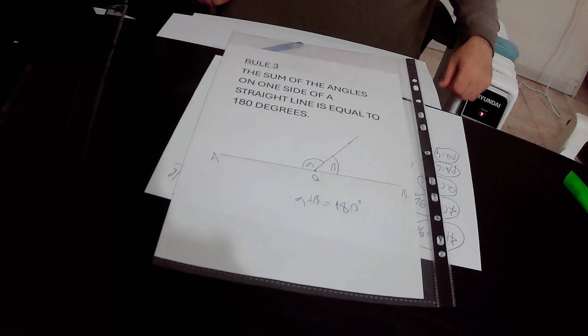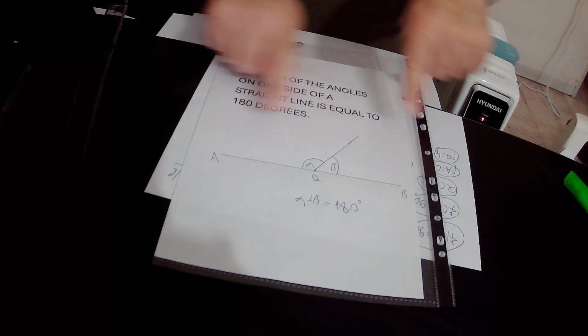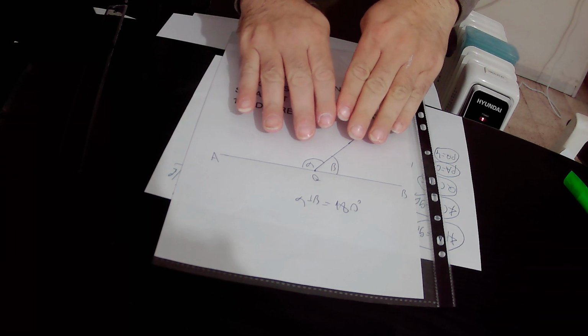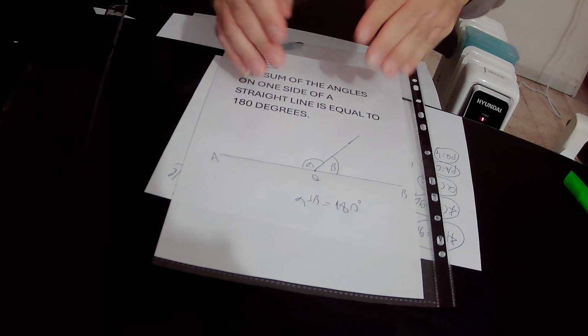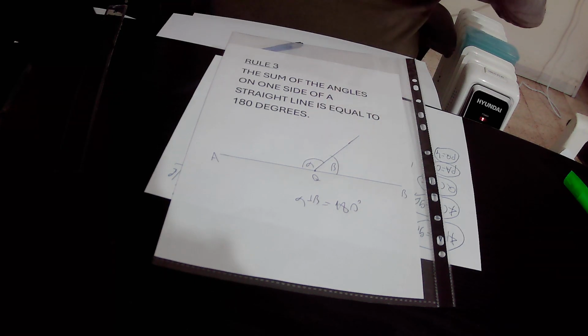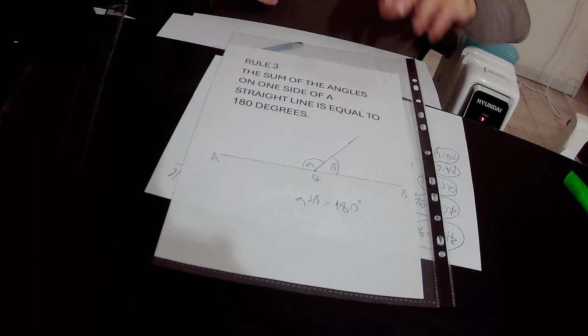According to rule number 3, the sum of the angles on one side of a straight line is equal to 180 degrees. AB is a straight line, so if we focus on the upper side of the straight line AB at point Q, the sum of the angles must be equal to 180 degrees according to rule number 3. So which angles do we have at the upper side of AB at point Q? We have angle alpha and beta. Therefore, according to rule number 3, alpha plus beta must be equal to 180 degrees.